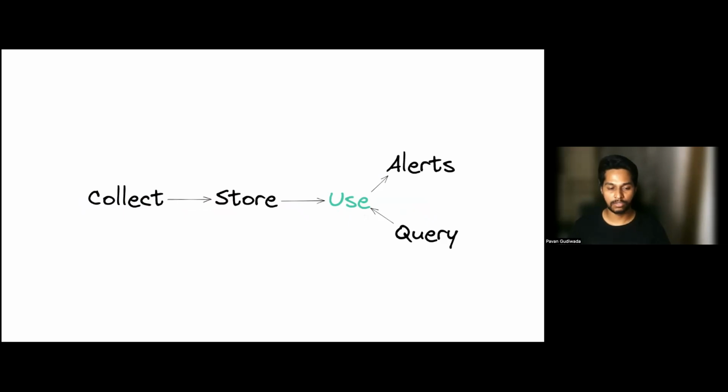And then after you collect and store it, the next part is for you to use it and get conclusions from the data you have. For that, you can do two things. The first is you can query the data. Prometheus has something called PromQL, which are queries.